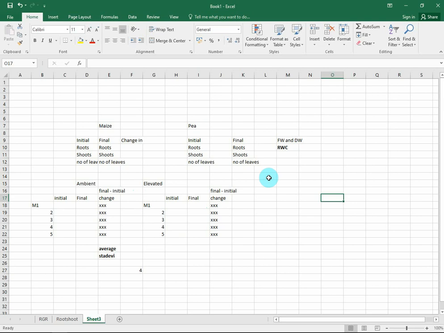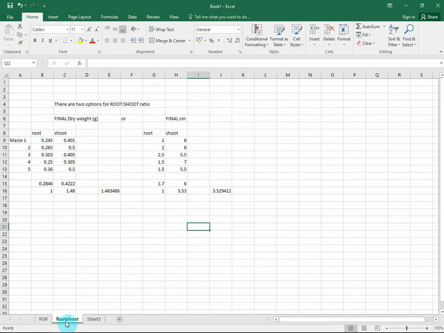But how do we answer our research question, which is which photosynthetic pathway is going to do better under elevated CO2 conditions? In order to answer that, we have to be able to compare maize and pea. And the only way we can compare is if we do relative growth rate and the root shoot ratio.